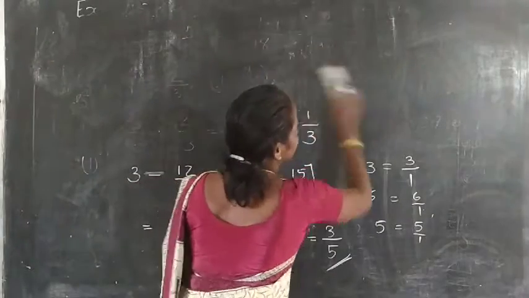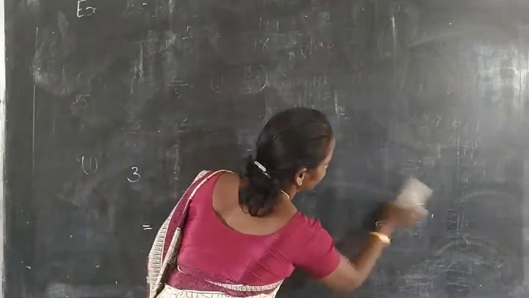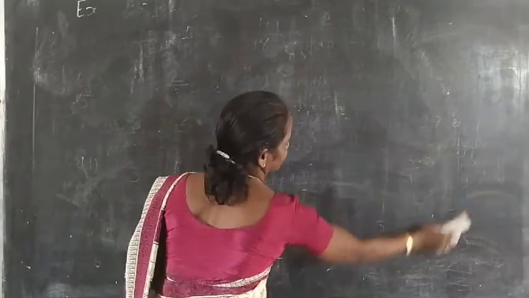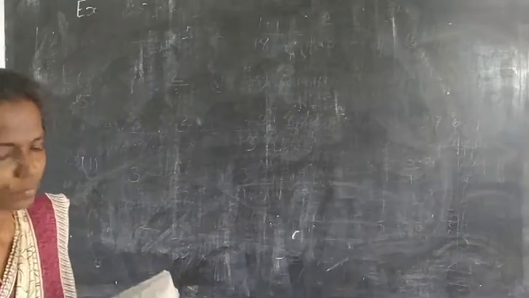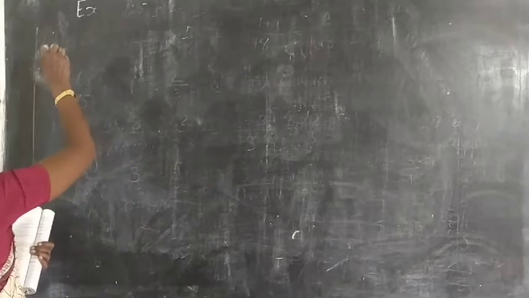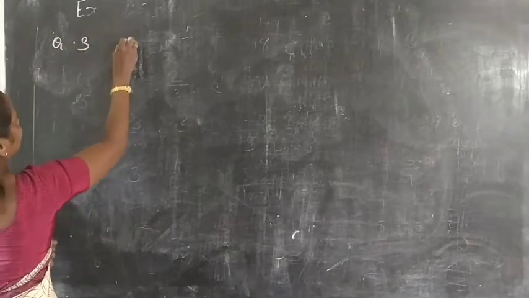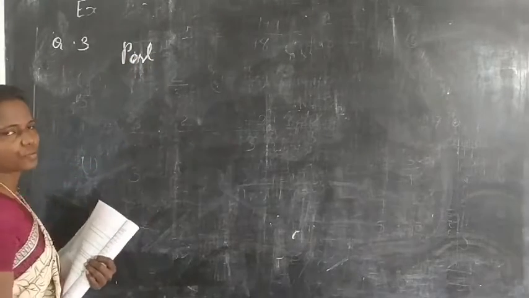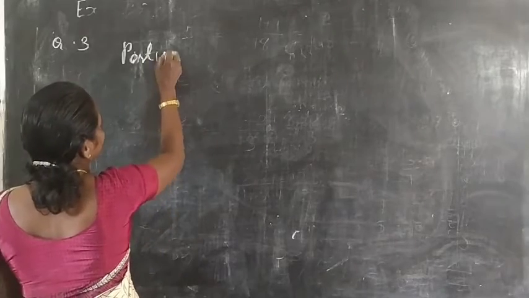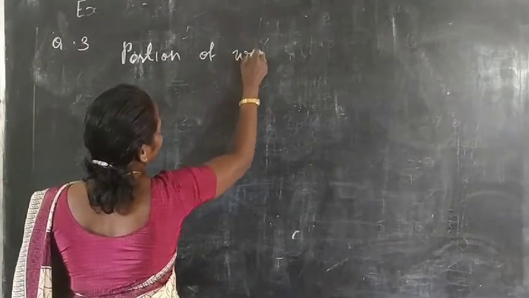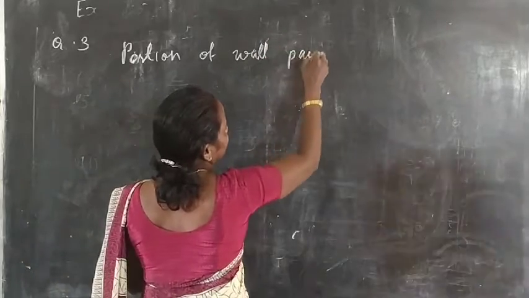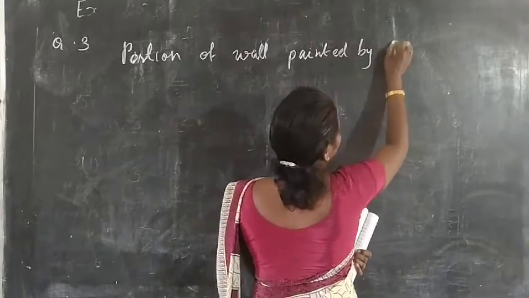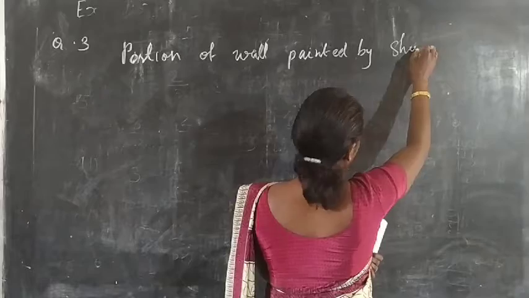Question number 3. Here, the part of the wall or portion of the wall painted by Shubham.